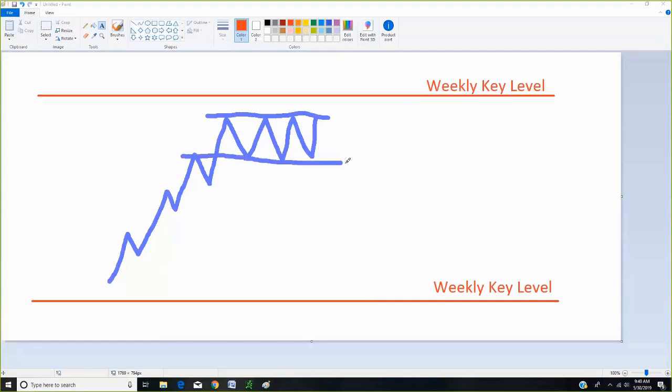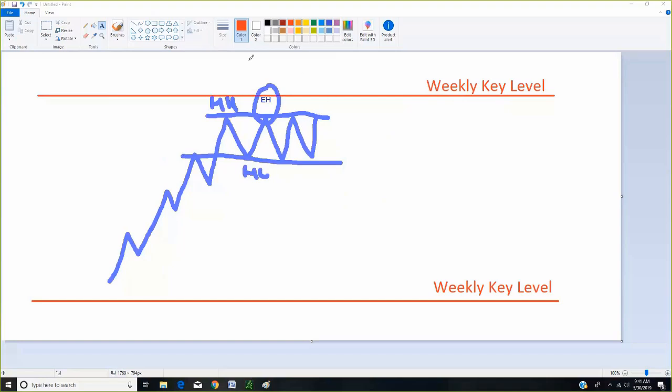But the first indication that we're slipping into a sideways market trend is right here when you have an equal high. You've got this higher high. This is still a higher low, but when the price comes up right here and does not make a higher high, the market is starting to communicate that it wants to go sideways or into some type of consolidation pattern.